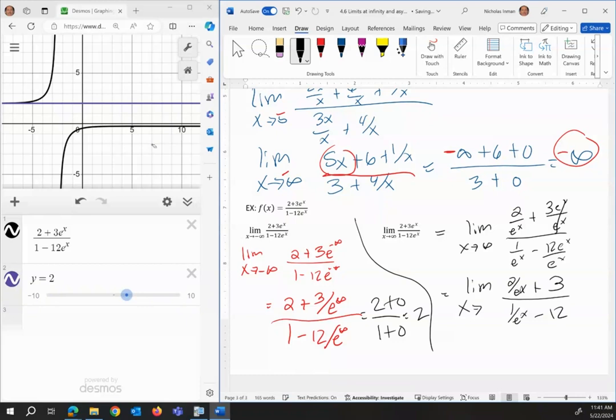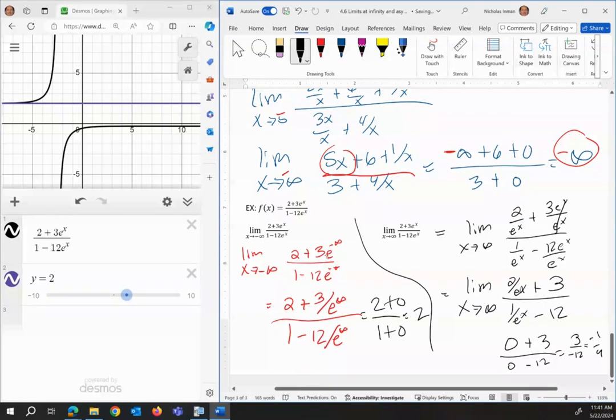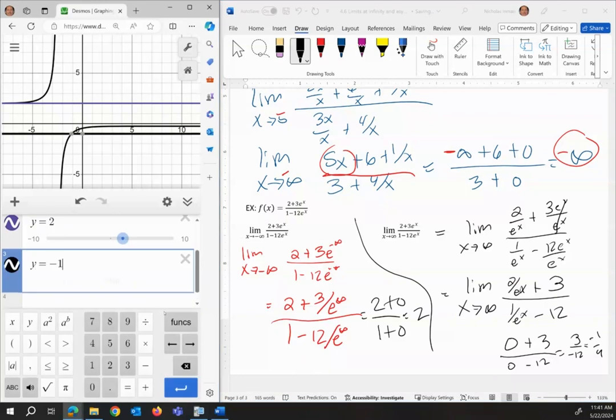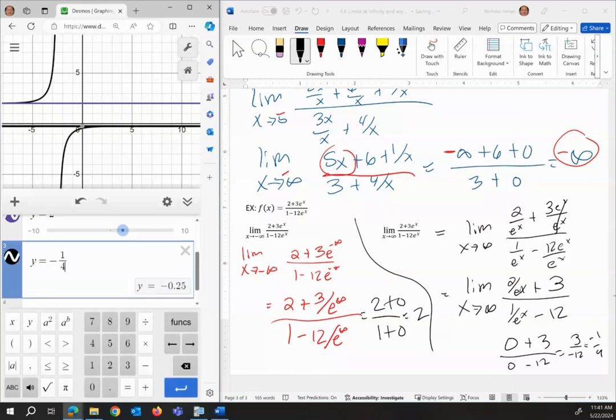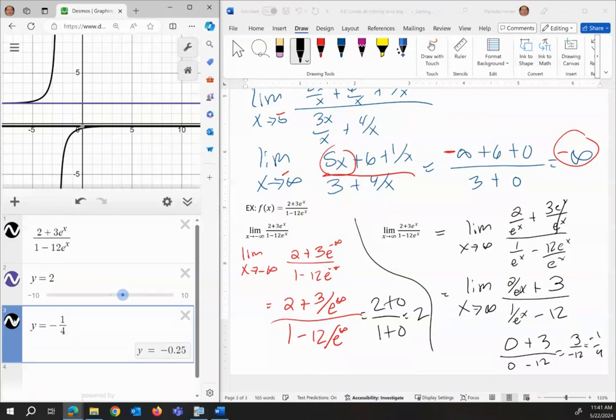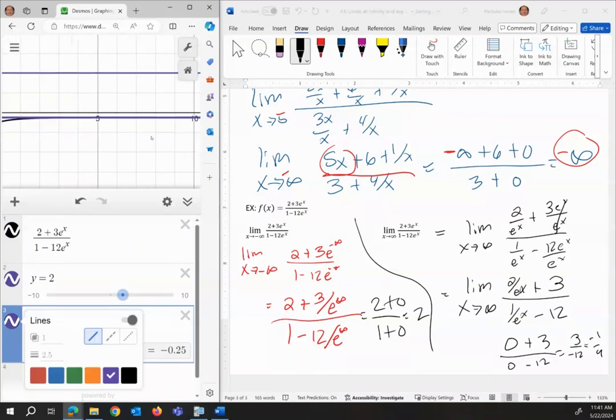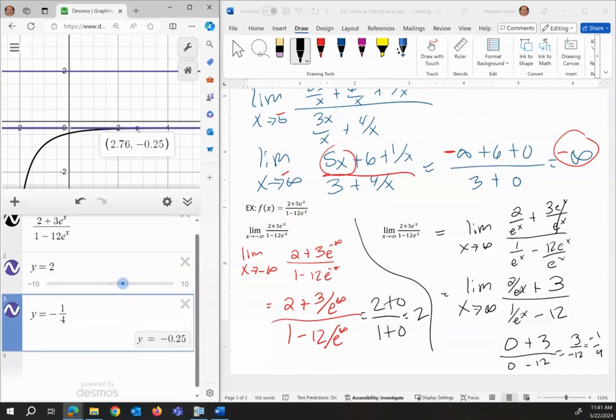Now when we plug positive infinity into here, 2 over e to the infinity is 2 over infinity, which is 0. 1 over e to the infinity is 0. So we wind up with 3 over negative 12, or negative 1/4. Let's check how that looks on our graph. And look at that. I would say that's a pretty good horizontal asymptote there. And your table should line up with that idea.